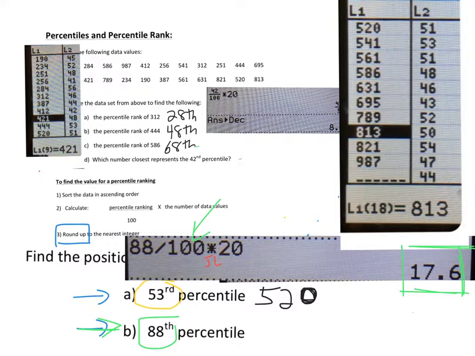You're going to round up to the nearest integer, which is 18. So that means the 18th number in your list corresponds to the data value of 813. So that means 813 is the data value that's in the 88th percentile. 88% of the data values, approximately, are less than or equal to 813.